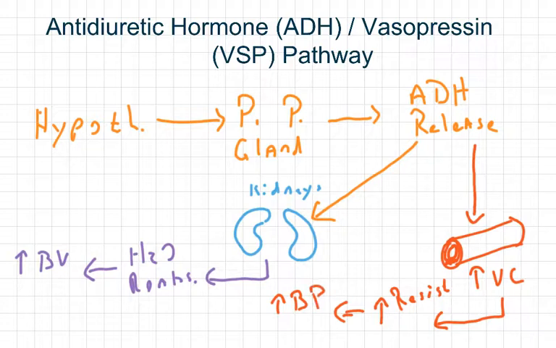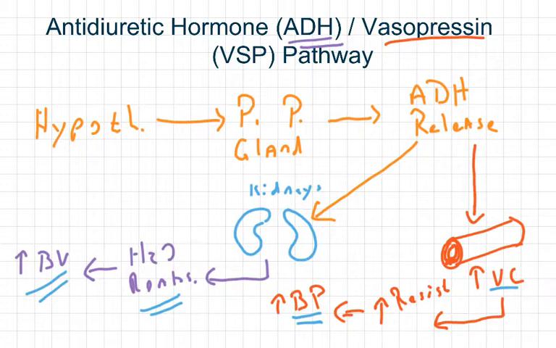This effect that ADH has on blood pressure through increasing vascular resistance is why it has the sister name vasopressin. So ADH has the dual effects of increasing blood volume through the direct reabsorption of water in the kidneys and increasing BP through vasoconstriction of the blood vessels.